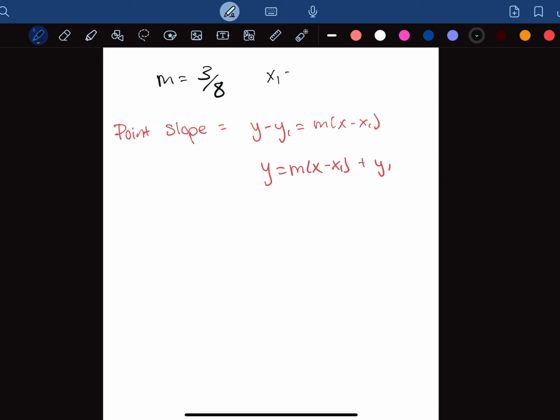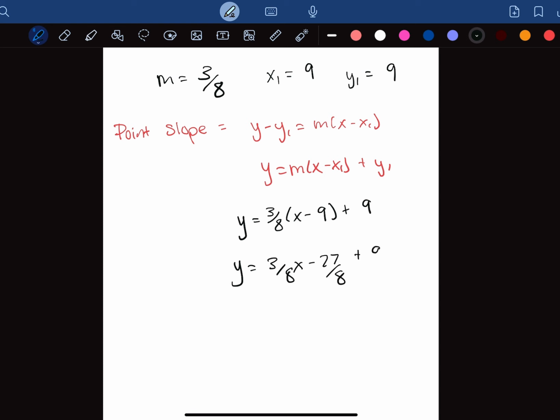Our x1 is equal to 9, and our y1 is also equal to 9. So we're going to have y is equal to 3/8 times x minus 9 plus 9. So y is equal to 3/8 x minus 3 times 9, which is 27 over 8.